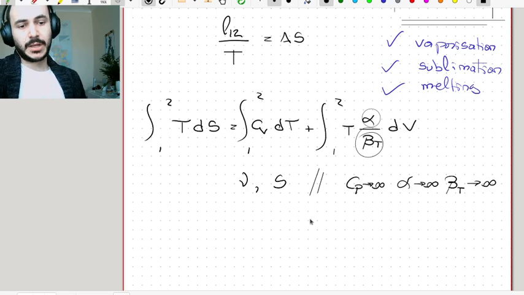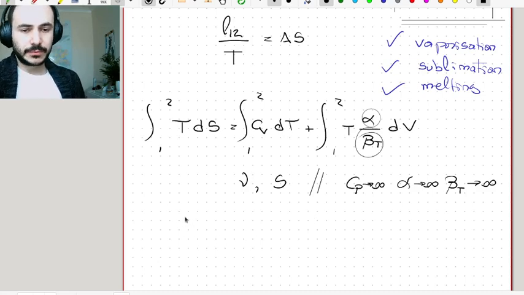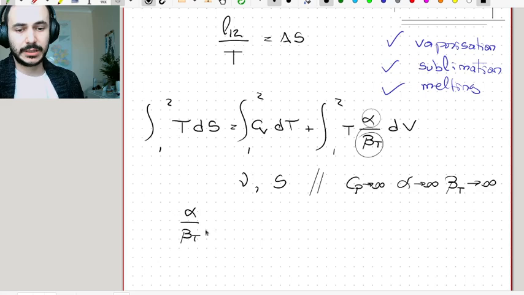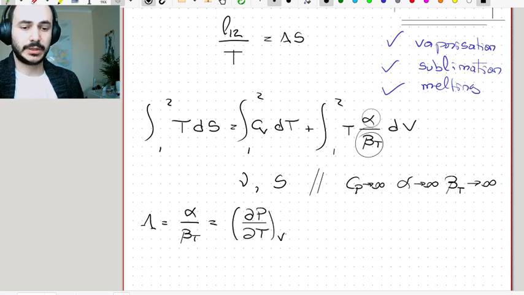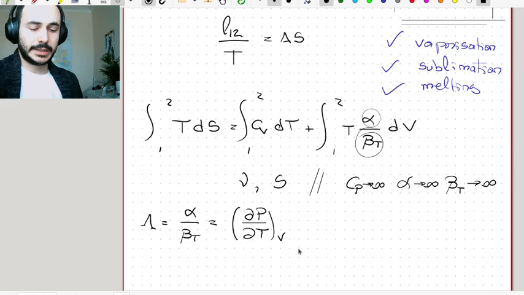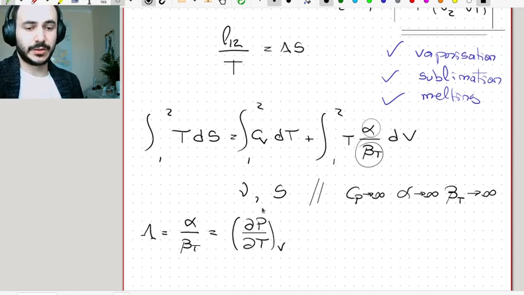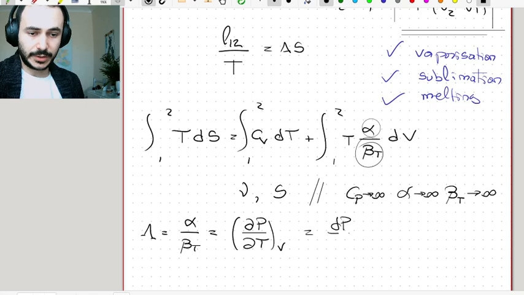In this case, however, this thing doesn't blow up. It doesn't diverge. The ratio of alpha divided by beta T, remember, is what we had called the thermal pressure coefficient, and this is nothing but the partial derivative of pressure with respect to temperature at constant volume. And in the specific case of a saturated vapor or a phase transition of this kind, this derivative is actually the derivative that we have derived.